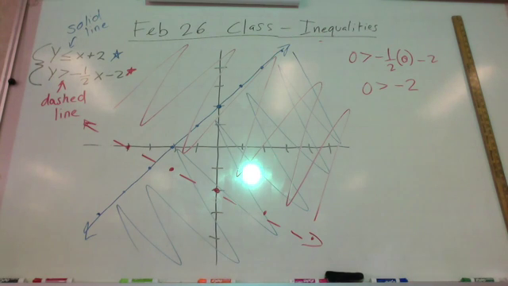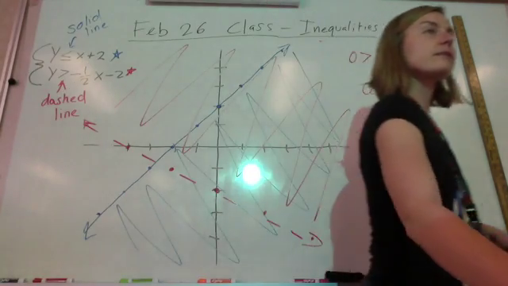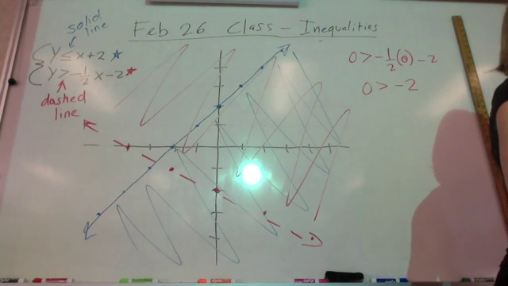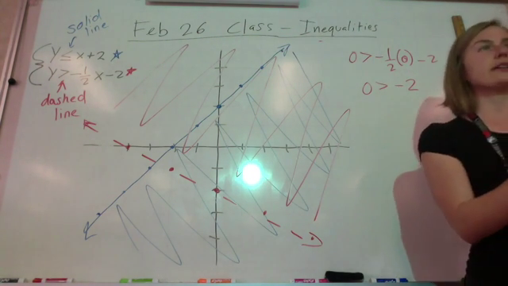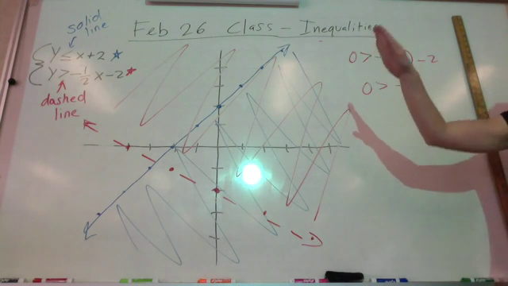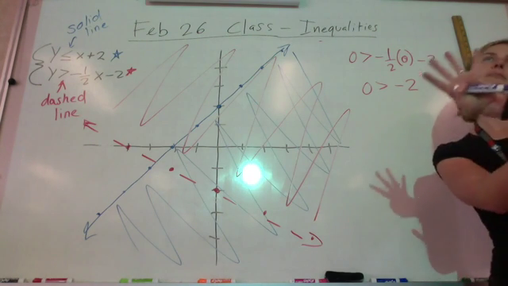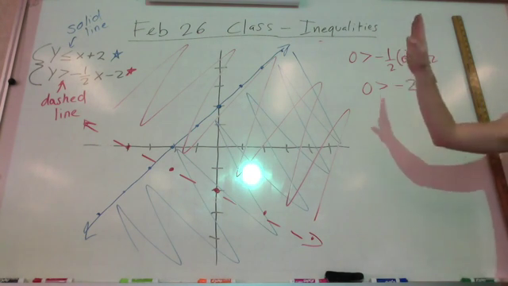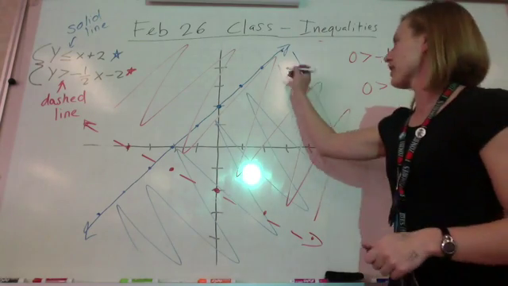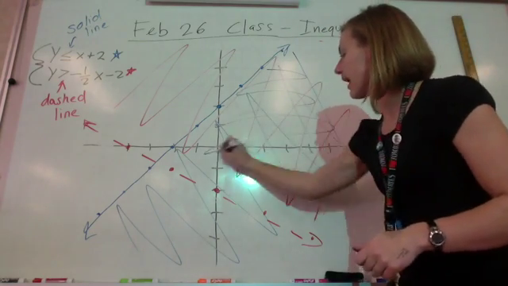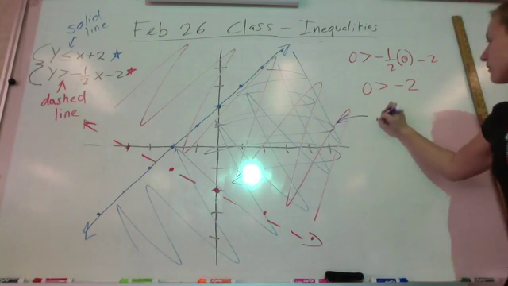The actual solution is where these areas overlap. So this is why I like using colors that will overlap in a pretty way, like the red and the blue will come together to make purple. But you can do whatever you want. The area where they overlap is the solution.